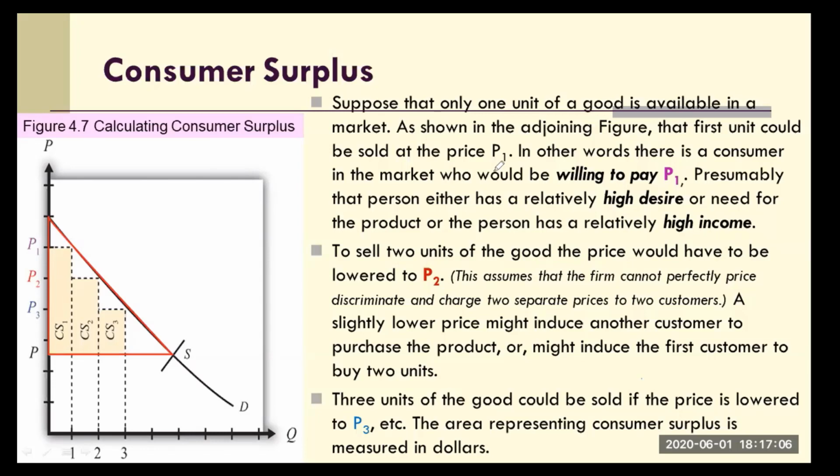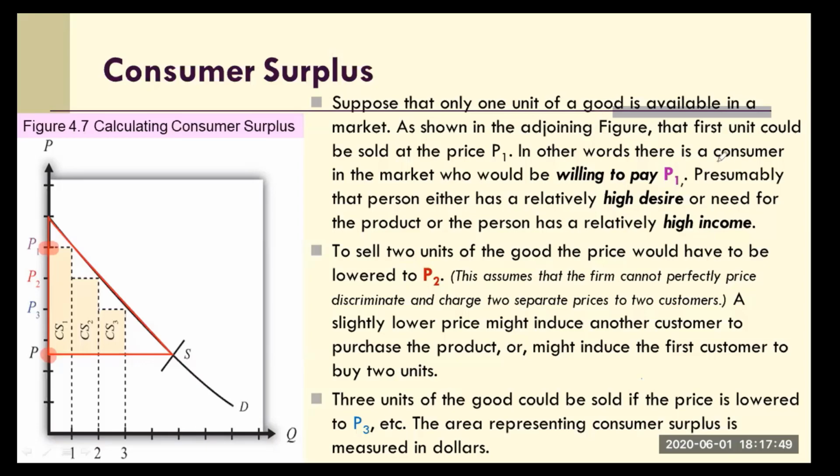P is where the supply and demand intersect, so this is the price at equilibrium. Then the first unit could be sold at a price P1, which is a high price.